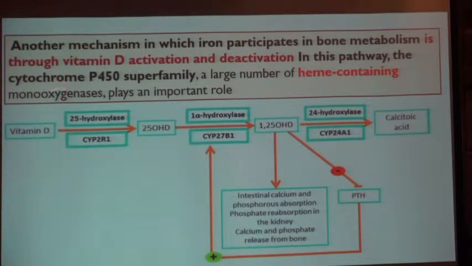The first step occurs in the liver, producing 25-hydroxy vitamin D. This step is catalyzed by the cytochrome 25-hydroxylase. The second step of activation occurs in the kidney, where cytochrome 1-alpha hydroxylase is the main enzyme responsible for production of the bioactive form of vitamin D. Then deactivation also requires an enzyme system where the iron is very important.